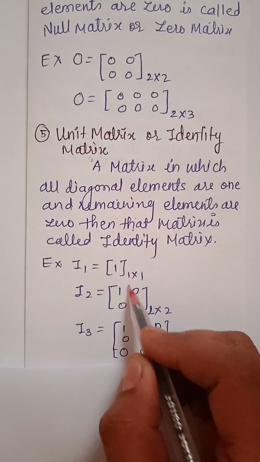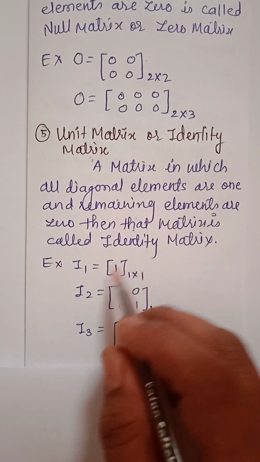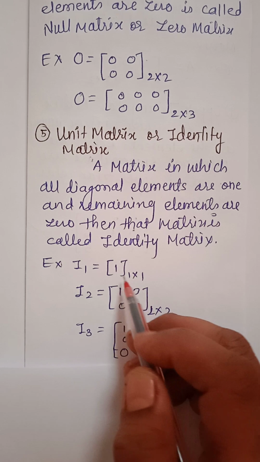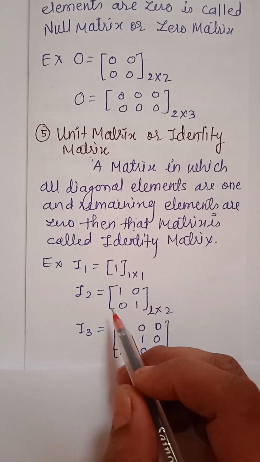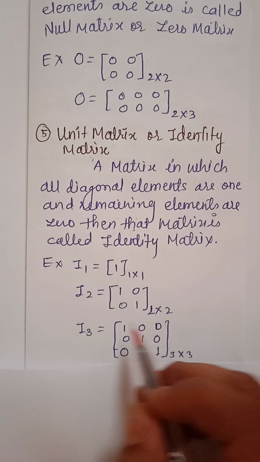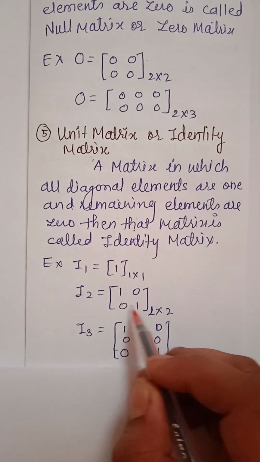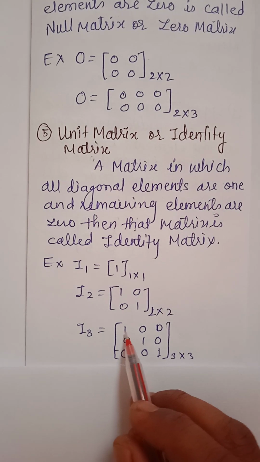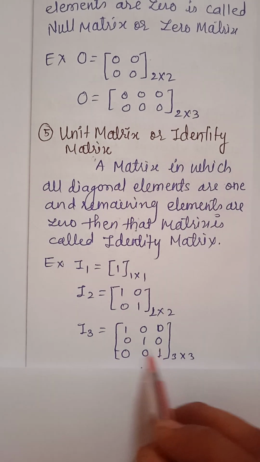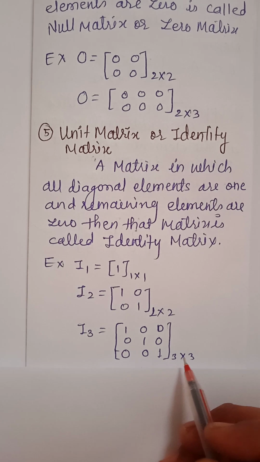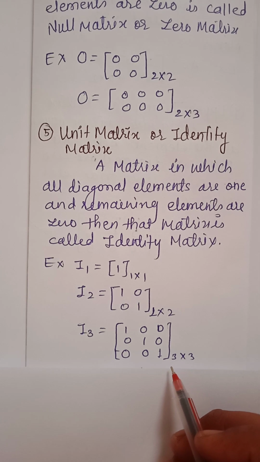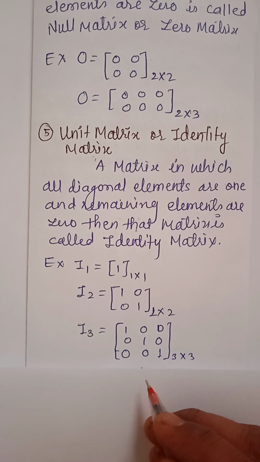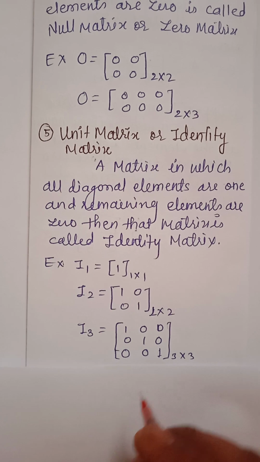If we take a 1 by 1 matrix, then this is the example, and for a 2 by 2 matrix, the diagonal elements are 1 and the remaining entries are 0. If we take a 3 by 3 matrix, diagonal entries are 1 and remaining entries are 0. Such a matrix is called an identity matrix or unit matrix. You have to remember that an identity matrix is always a square matrix.